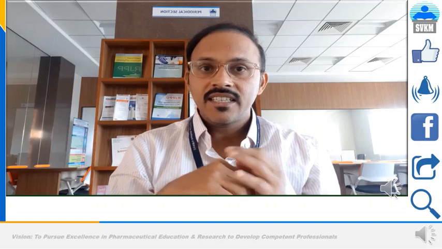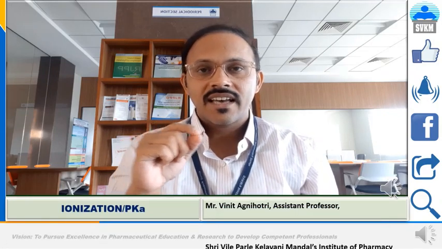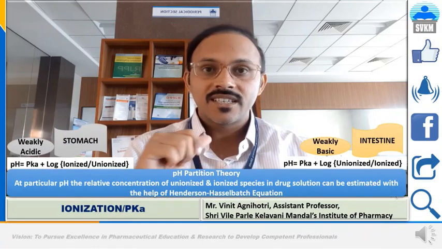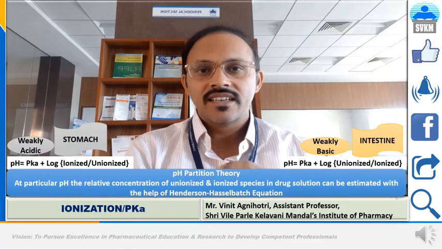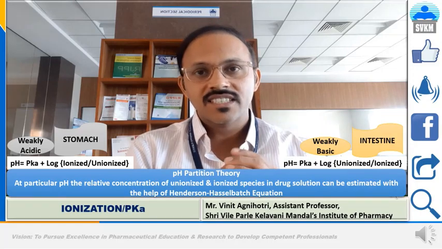Ionization and dissociation constant can also be estimated with the help of the pH partition hypothesis. That is, at any particular pH, the relative concentration of ionized and unionized species in a drug solution can be estimated with the help of the Henderson-Hasselbalch equation as given here.